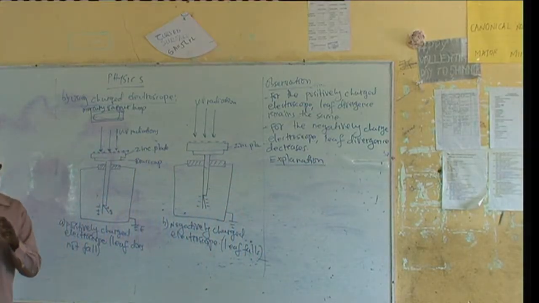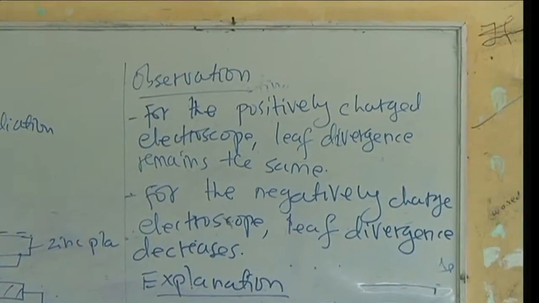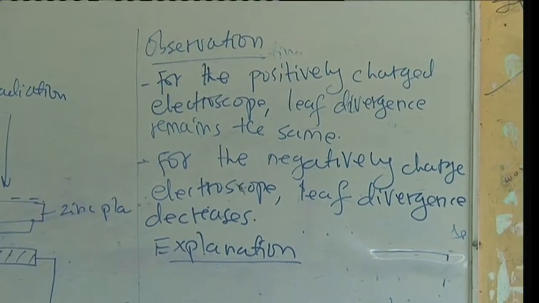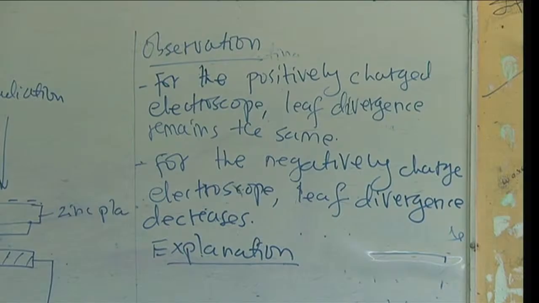Now class, what we are saying here is that for the positively charged electroscope, when the UV radiation falls on the zinc plate, of course electrons are going to be emitted, but the emitted electrons do not escape. They get attracted by the positive charges on the electroscope.